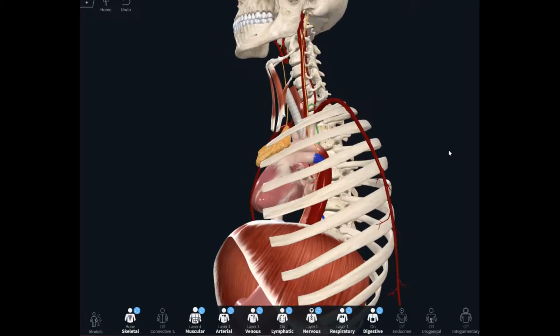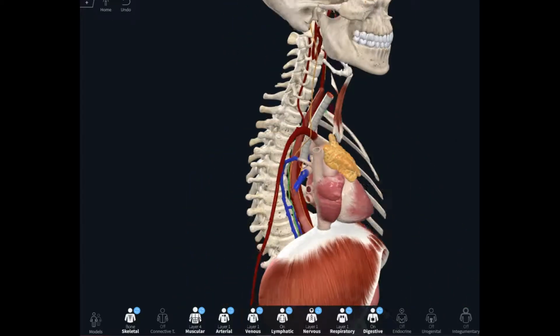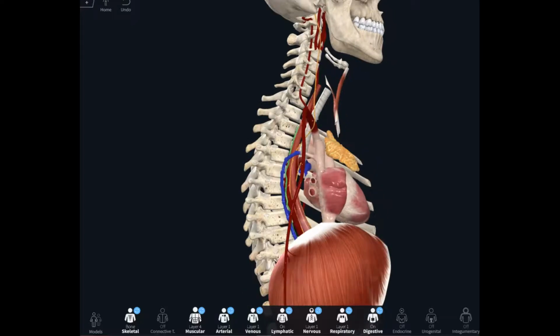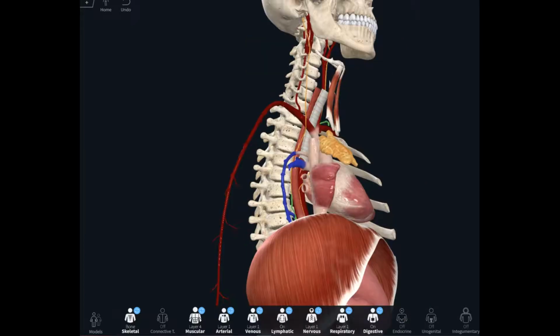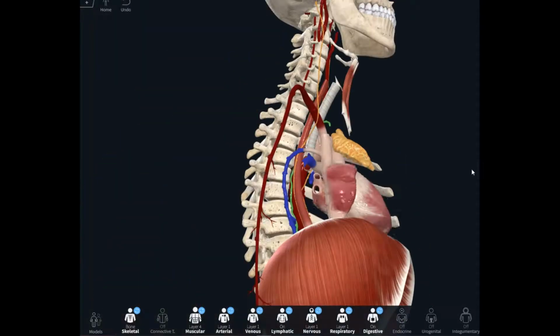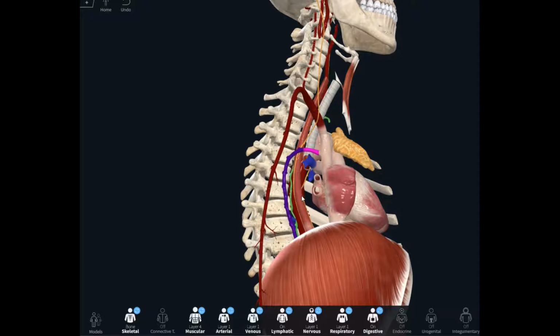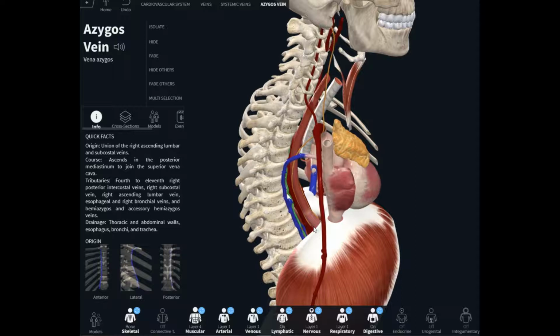In terms of veins, we can see the hemiazygous and the azygous vein right here. That's the hemiazygous, and then we have the azygous vein that's in close relation with the thoracic aorta. In terms of nerves, we have the vagus nerve and the nerve plexus that surrounds the esophagus.